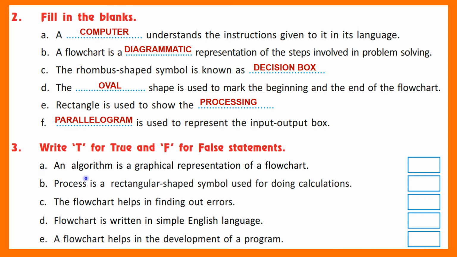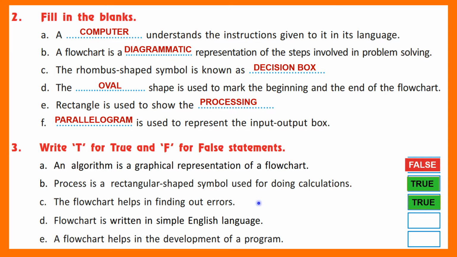Part 3. True, false. A. An algorithm is a graphical representation of a flowchart. False. Algorithm is not a graphical representation of a flowchart. B. Process is a rectangular shaped symbol used for doing calculations. Yes, this is true. C. The flowchart helps in finding out errors.